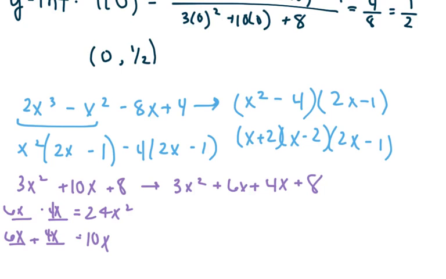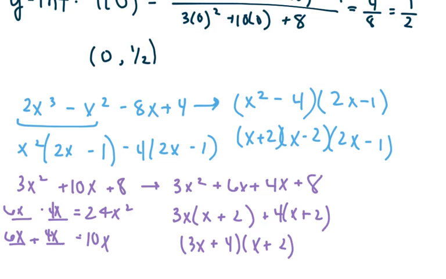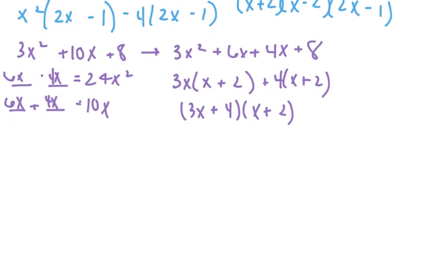Then factor by grouping, 3x leaves you with x plus 2. Take out 4, that leaves you with x plus 2. So this is going to factor to 3x plus 4 times x plus 2. Okay? Then we've got our function.